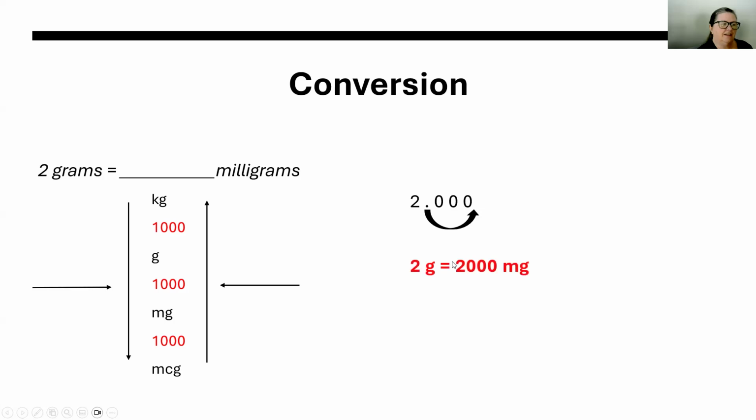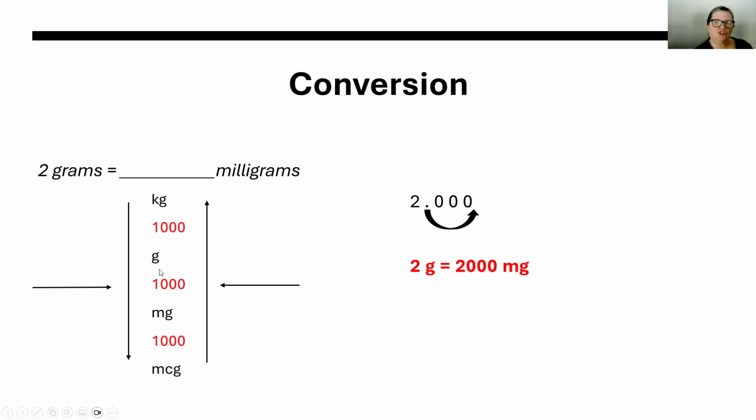And suddenly we now know that 2 grams equals 2,000 milligrams. That's it. I've taught math for a very long time. The most important thing to remember with math is don't make it any more difficult than it has to be. And this is not hard once you look at it this way.